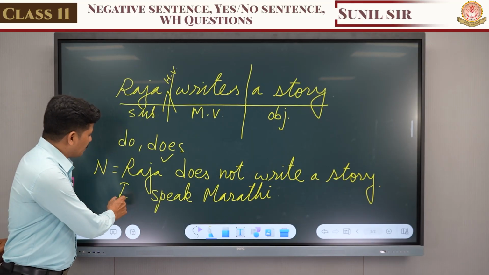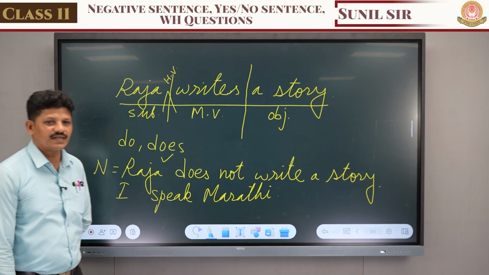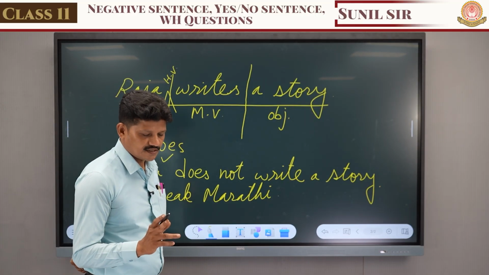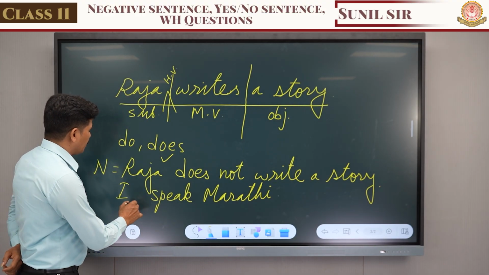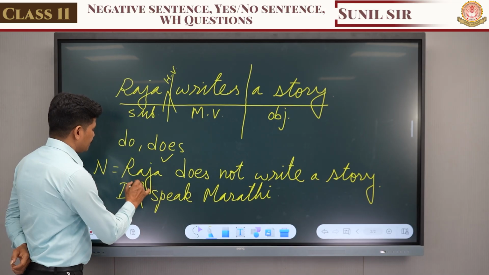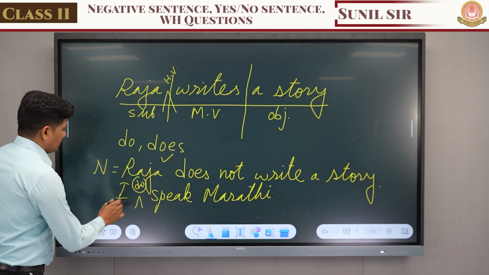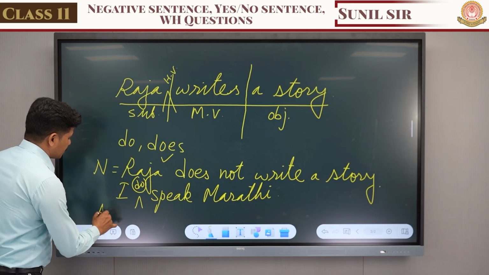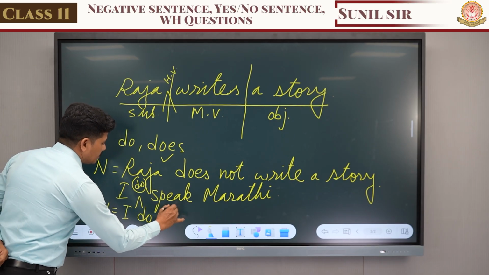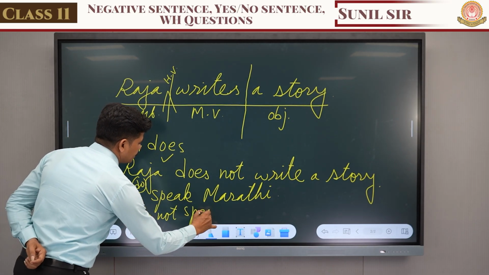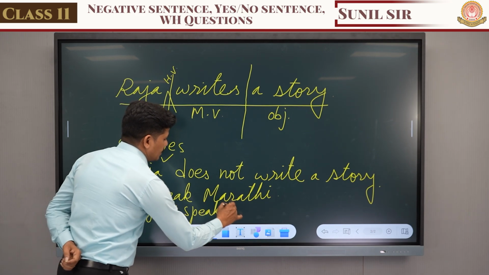This is also simple present tense. If the subject is other than third person singular, the helping verb is do. So we have found the helping verb. It becomes: I do not speak Marathi.